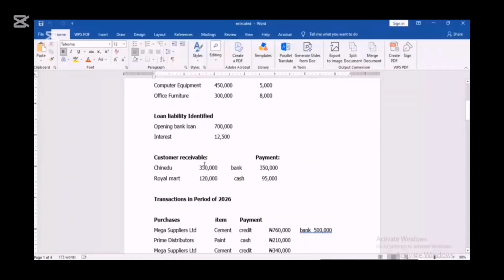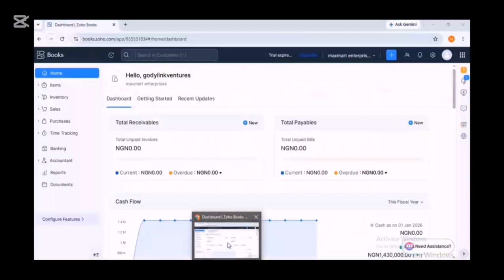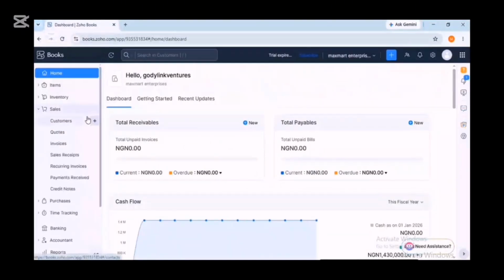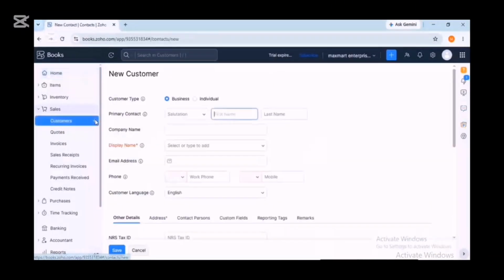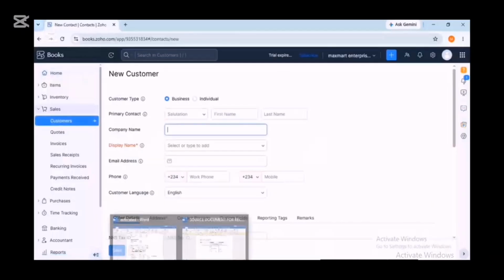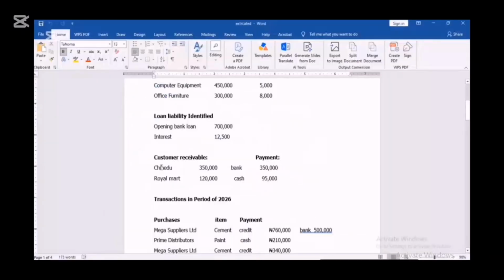So we had opening balances for customers, Chinedu and Royal Mart. So let's enter that. So we go to customer, select sale, see some drop down, then customers. So we add customers up. So Chinedu and Royal Mart. Let's create that.